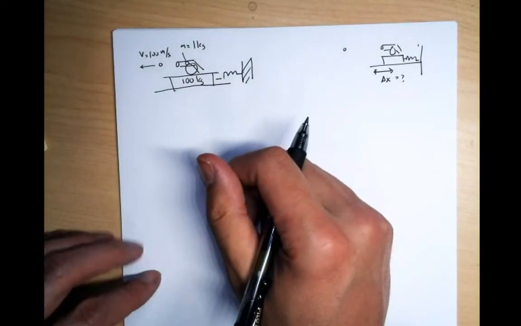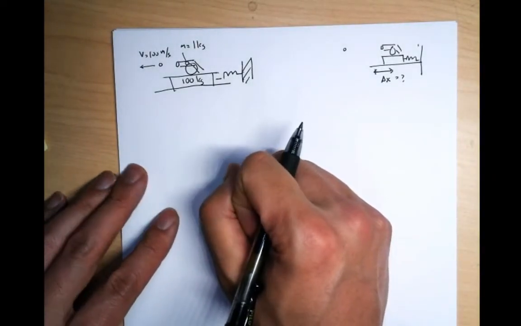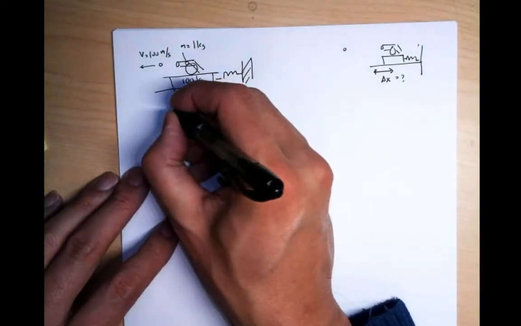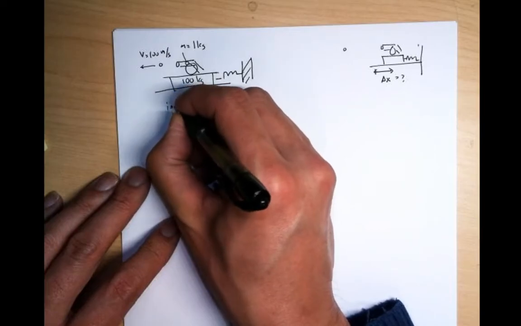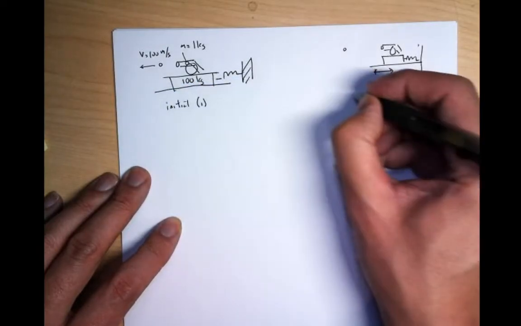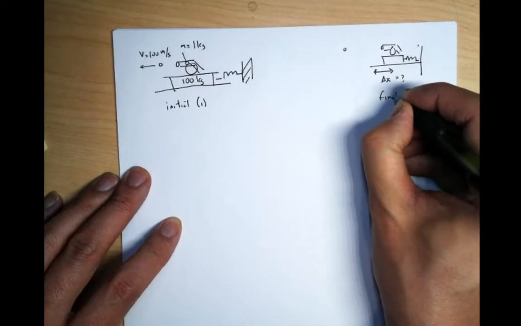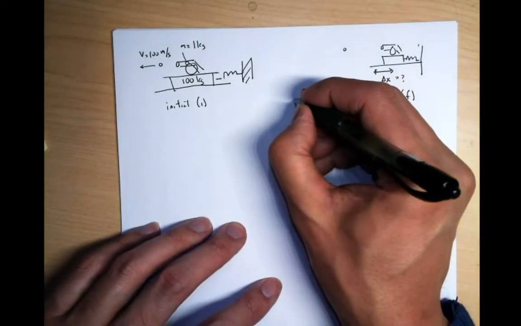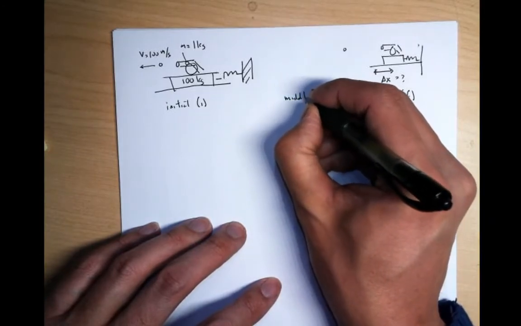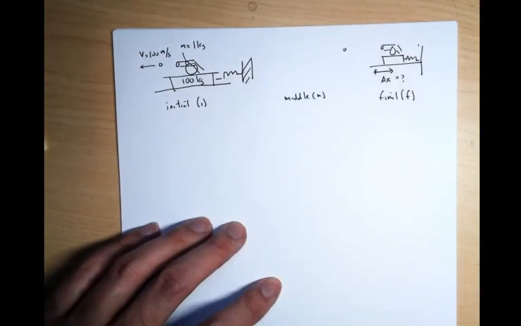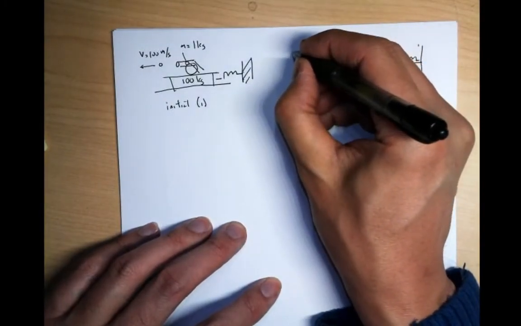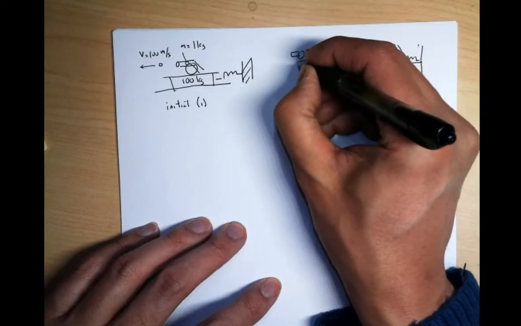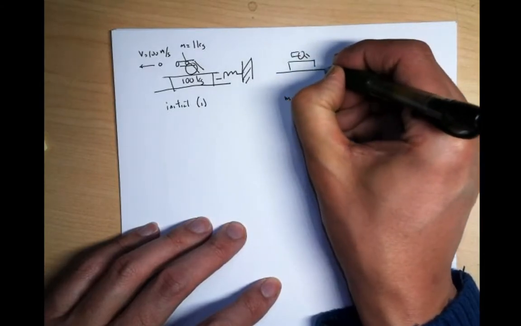To do this, there's a two-step process. This is the initial state, I. The final state, F. We need a middle state between the two. So let's call the middle state M. The middle state is the moment the cannonball has left the barrel of the cannon.